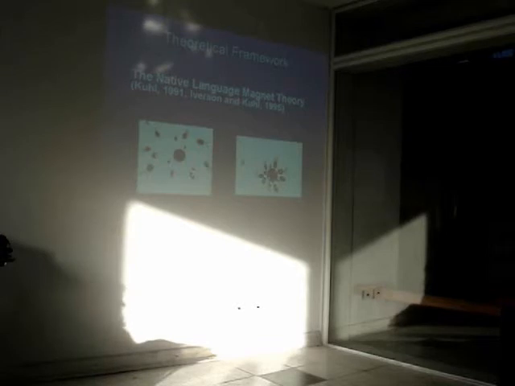Now this prototype, if you look at picture A, it's the dot in the middle. This prototype, says Patricia Cole, acts as a magnet. All the other incoming sounds, which are acoustically very similar, are attracted by this magnet in such a way that the listener perceives all those sounds exactly in the same way.